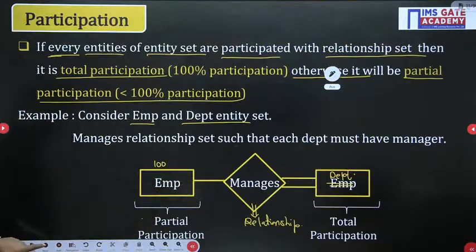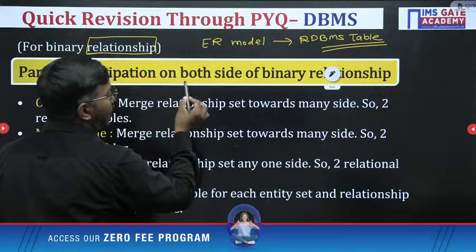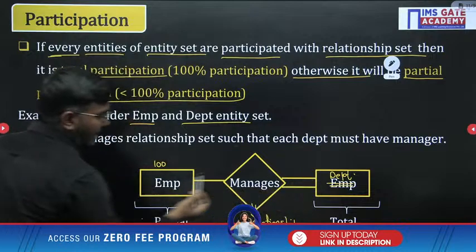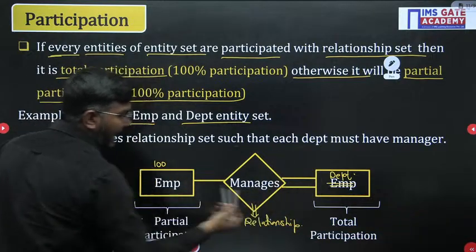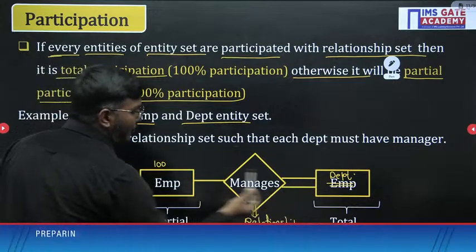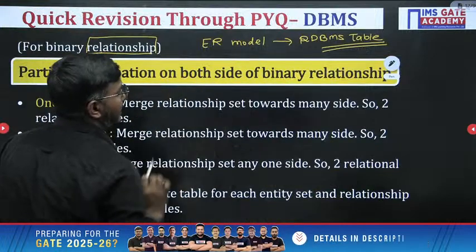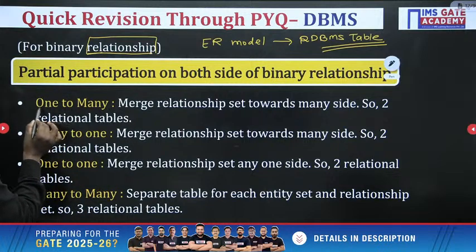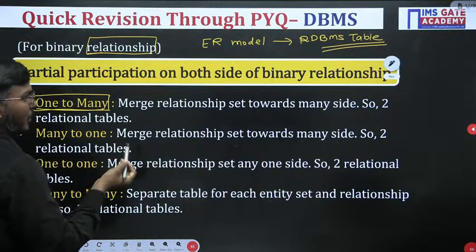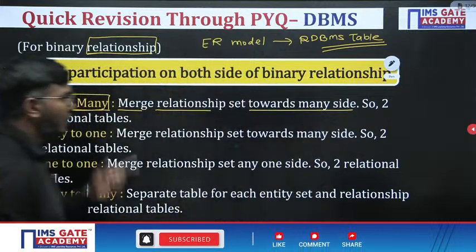If participation is partial participation on both sides, meaning there is a relationship set defined between two entity sets and both sides have partial participation, then how do we convert that into RDBMS tables? Again, if the mapping is one to many, then we know that we merge the relationship set towards the many side. We'll see one example based on this.